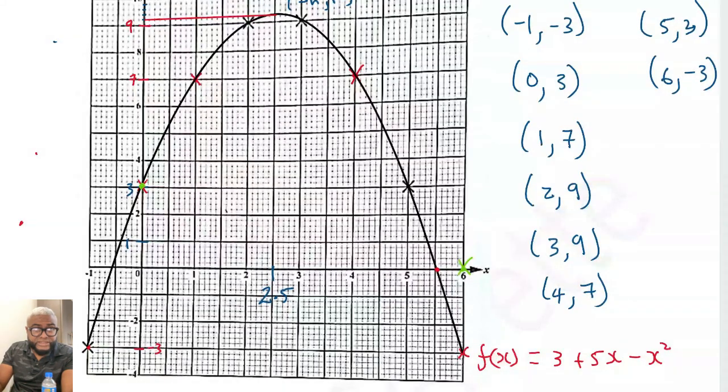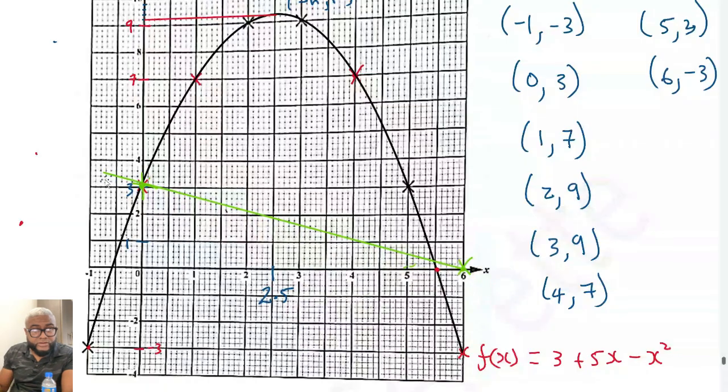That's the same point here. So I'm going to draw a line from here. I wouldn't really go beyond the line. So we're coming from here, going all the way to here.